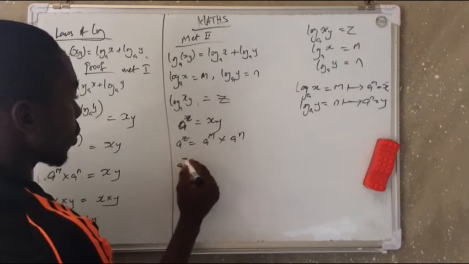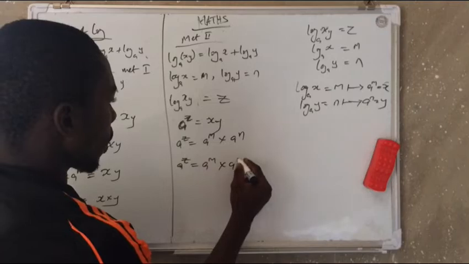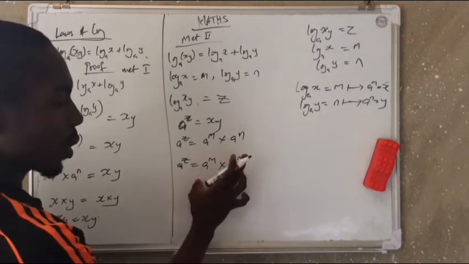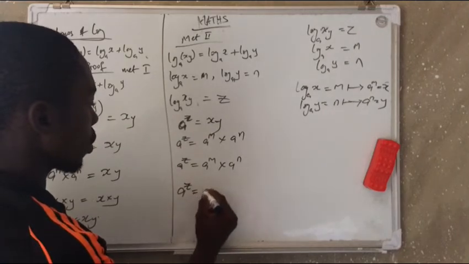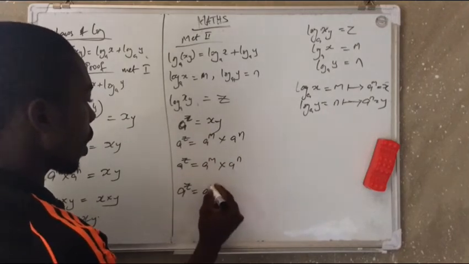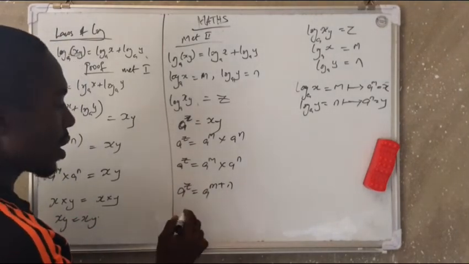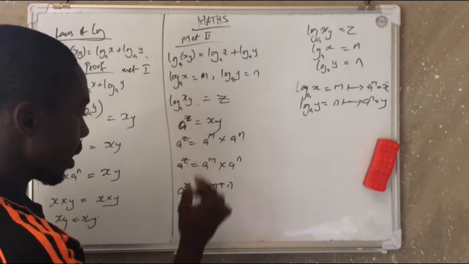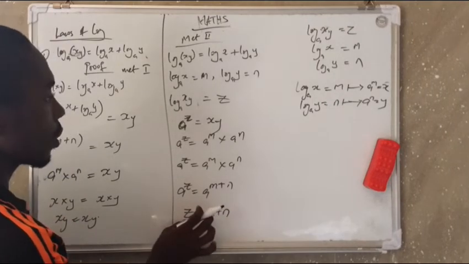And I'll say that a raised to the power z is equal to a raised to the power m multiplied by a raised to the power n. Remember, in indices, when they have the same base, you just add the powers. A raised to the power z is equal to a raised to the power m plus n. Since they have the same base, you can just equate the index, which is z is equal to m plus n. And what is your z?